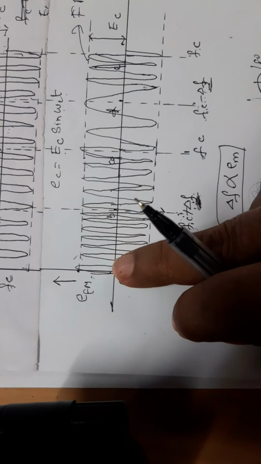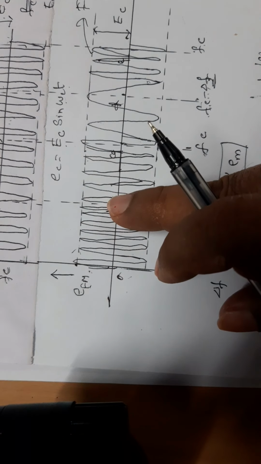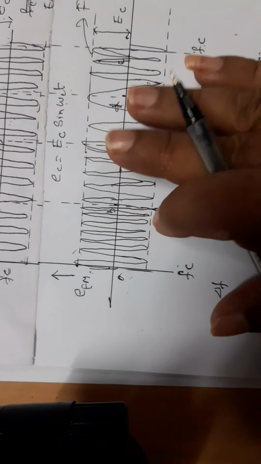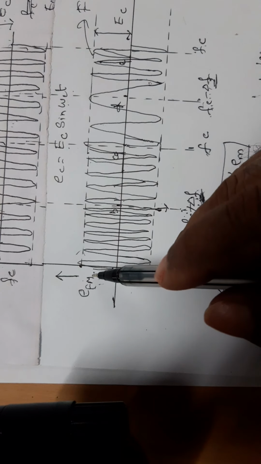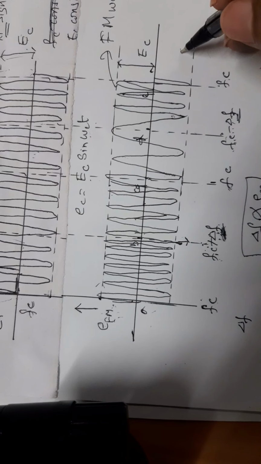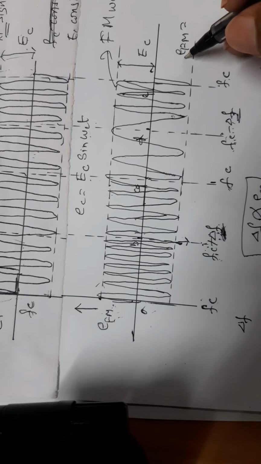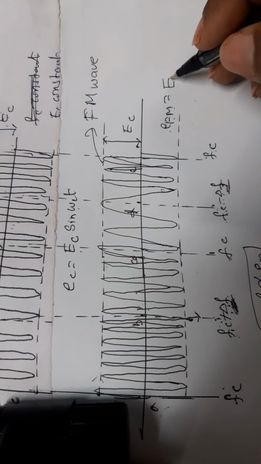Similarly, phase angle also occurs in angle. Phase modulation is also called angle modulation. Now, what is the voltage of this? EFM is the voltage of the frequency modulated wave. Therefore, I will write EFM, the voltage of the frequency modulated wave, is equal to, since amplitude remains constant, EC itself.